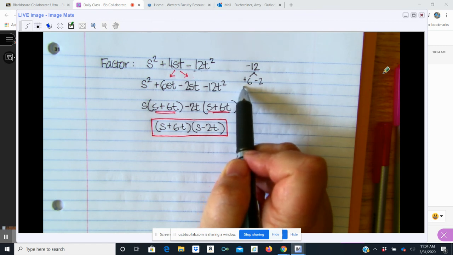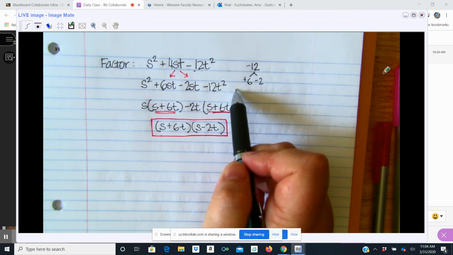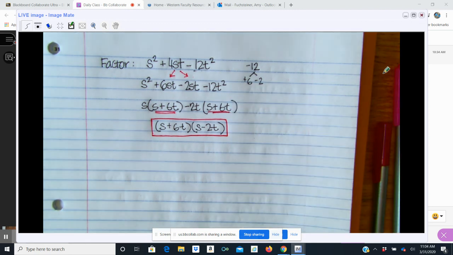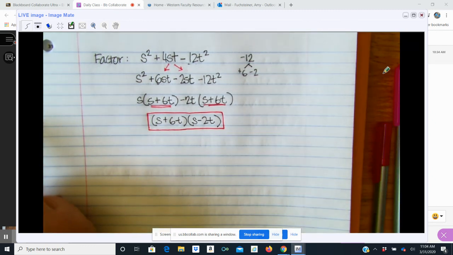It's not necessarily the first one. I guess I maybe have a habit of writing it first, but it doesn't necessarily have to be the first one. It's just that the larger number will have to be positive. Okay. All right. Mm-hmm. Yeah.